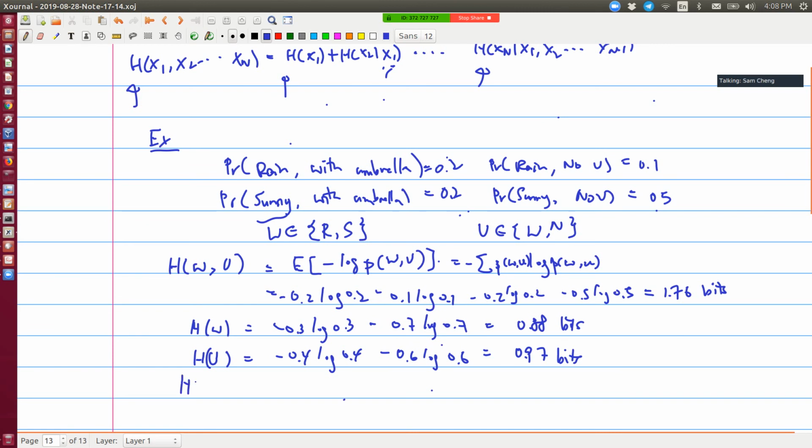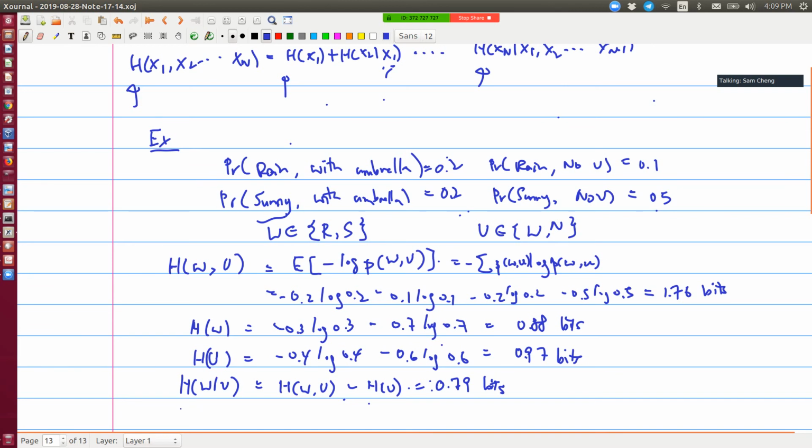And H(W given U), the conditional entropy of W given U, will be what? We can just use the equation. It's equal to H(W,U) minus H(U) here. So H(W,U) is this one, 1.76, minus H(U) 0.97, which would be just 0.79 bits.